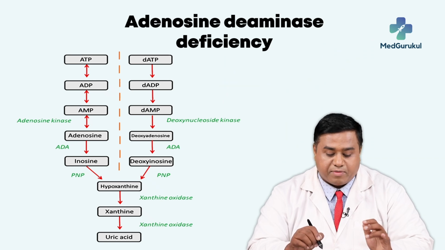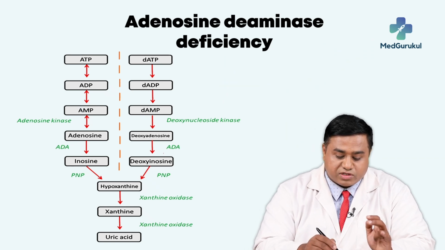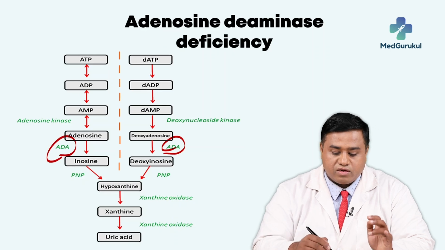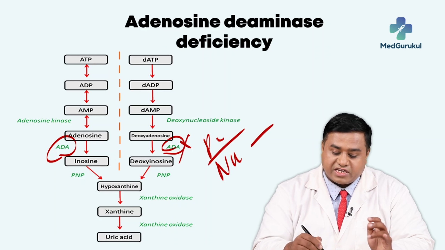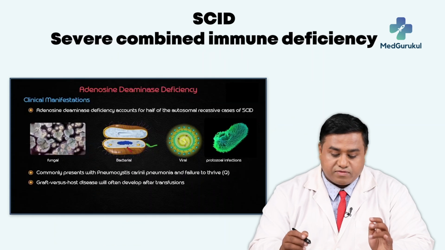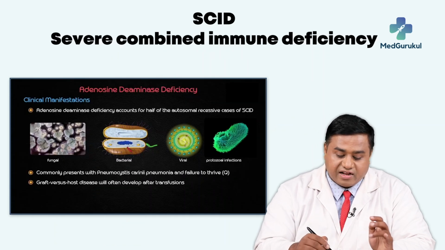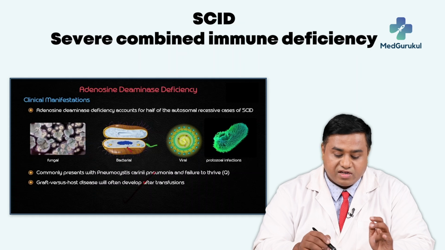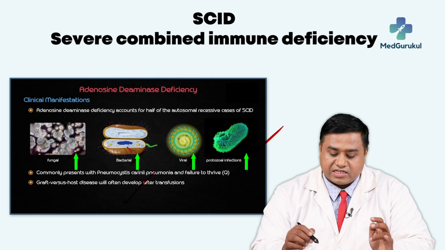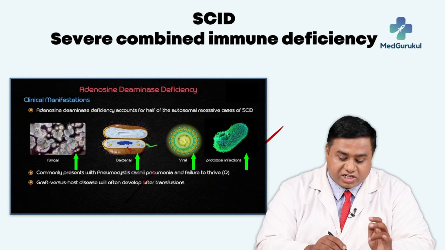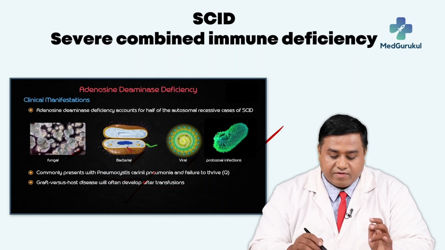And adenosine deaminase is an enzyme responsible for purine nucleotide metabolism, and deficiency of this enzyme will lead to deficiency in nucleic acid synthesis, leading to both B cell and T cell damage, and they are prone to fungal, bacterial, viral as well as protozoal infection, especially pneumocystis pneumonia, and they always fail to thrive.